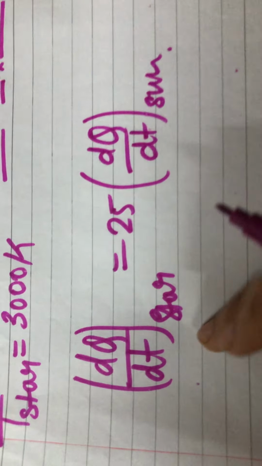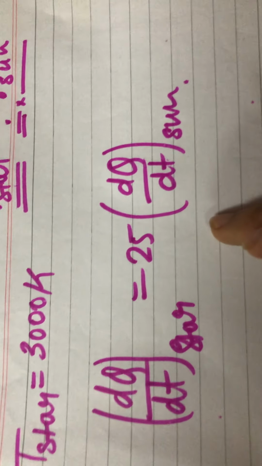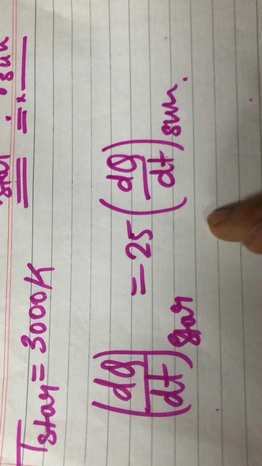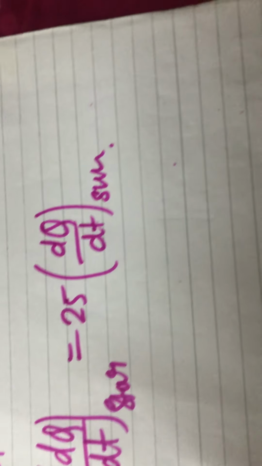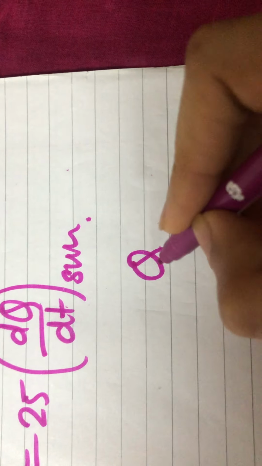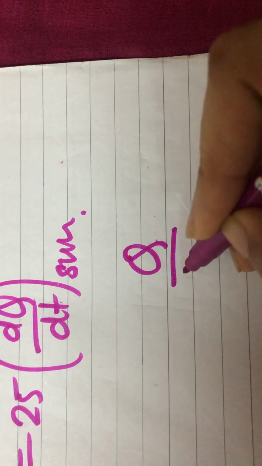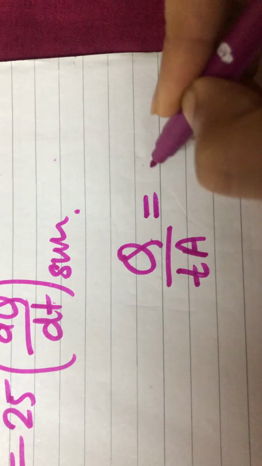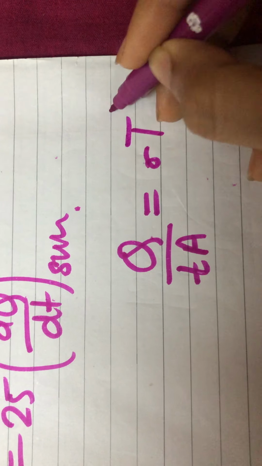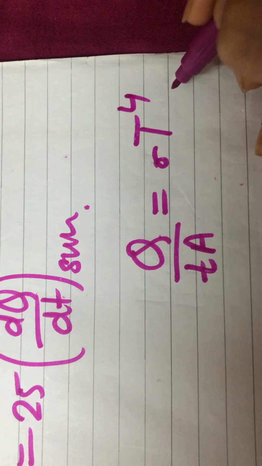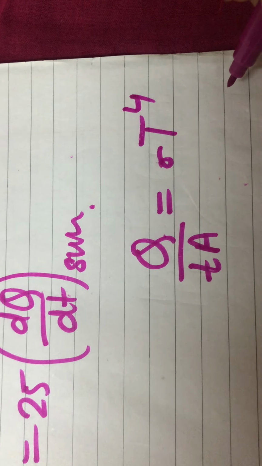Now since both of them are treated as black body, we'll be writing the formula for them. Before coming to the formula, just look at this. The amount of heat radiated by the body per unit time per unit area is equal to sigma T raised to 4. Okay, this is the formula.